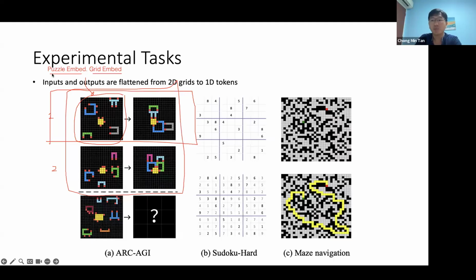The puzzle embed represents the puzzle. So for example, this puzzle might be ID1, and then this ID gets represented based on a lookup table, like how you do the lookup table for cell types. Your ID1 gets mapped into a 512 vector for your puzzle embedding.